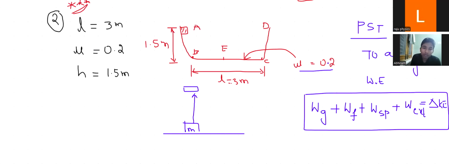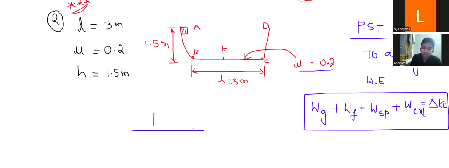Is work done due to this force? Yes. That force is against the gravitational force. Due to gravity also work is done, due to spring force also work is done, and due to friction also work is done.